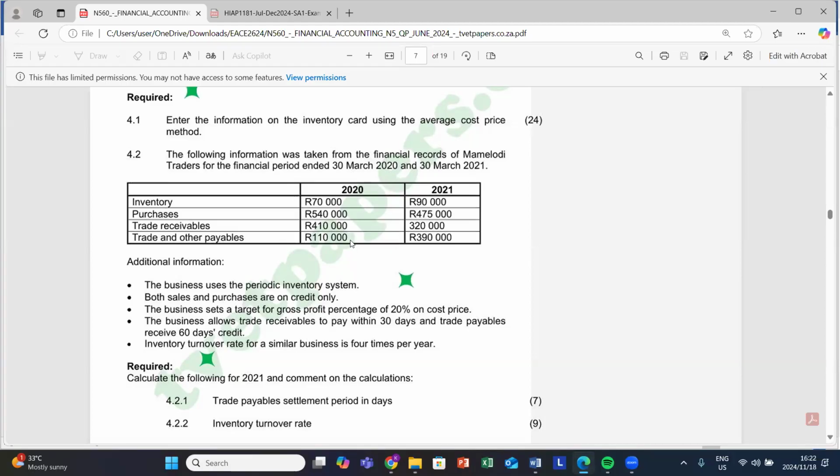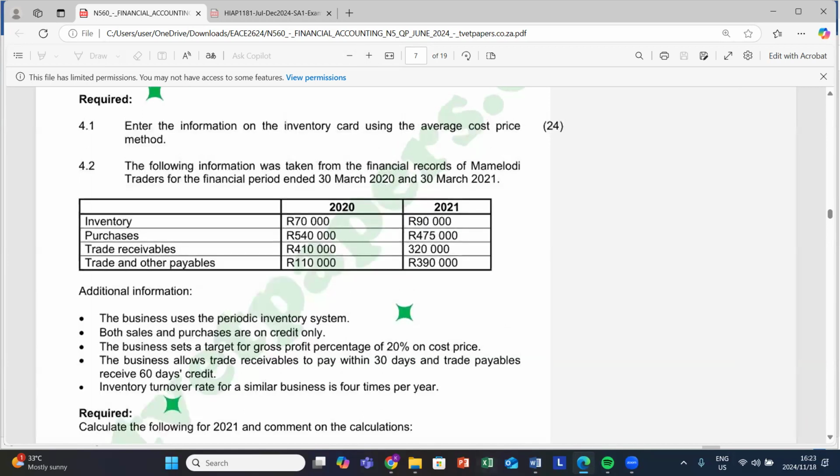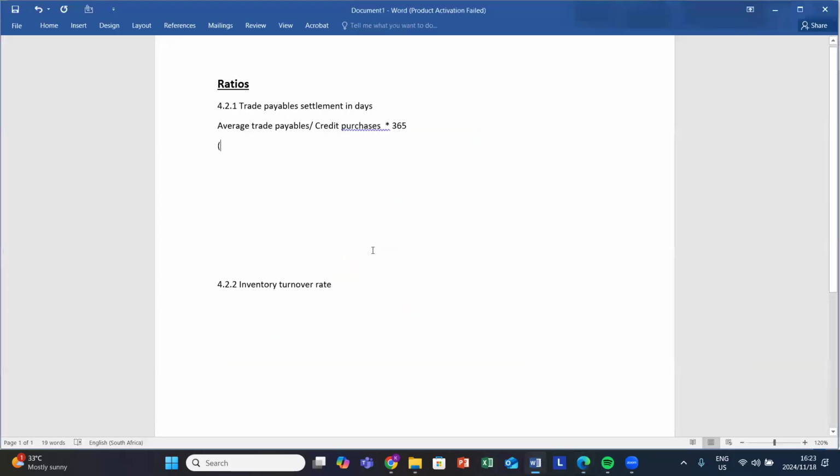So your opening balances are 2020 and the closing is 2021. The opening balance for trade payables was 110,000 rand, and our closing was 390,000 rand. So we say 110,000 plus 390,000 rand, close bracket.